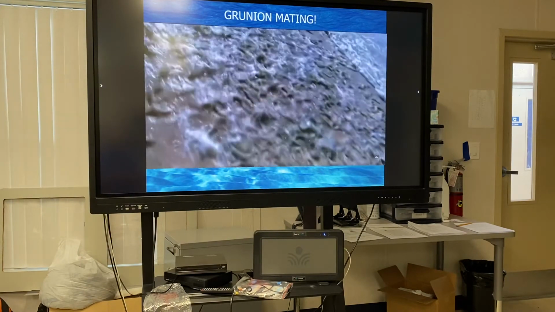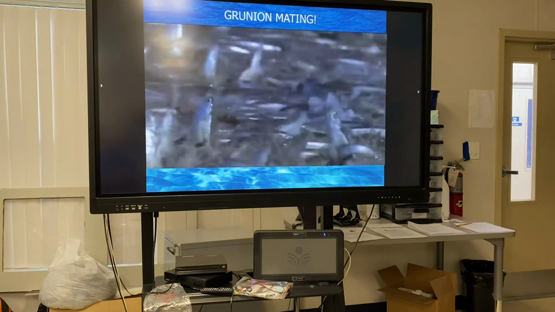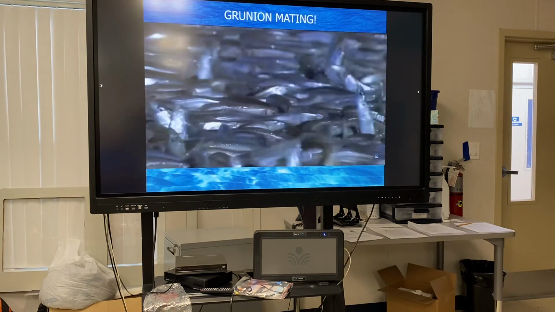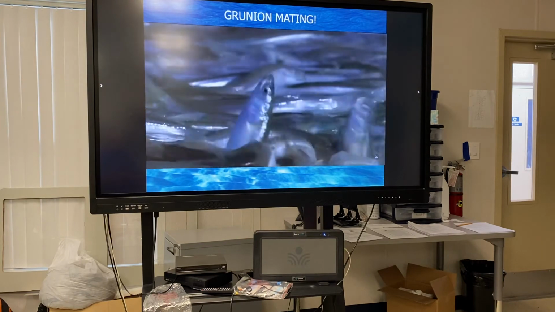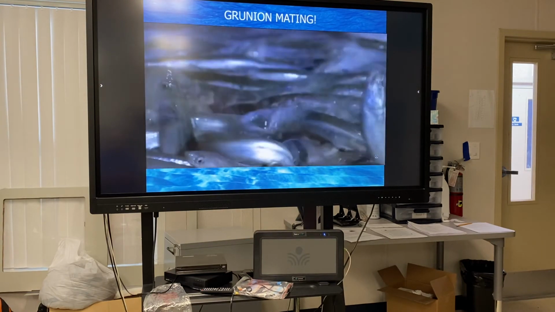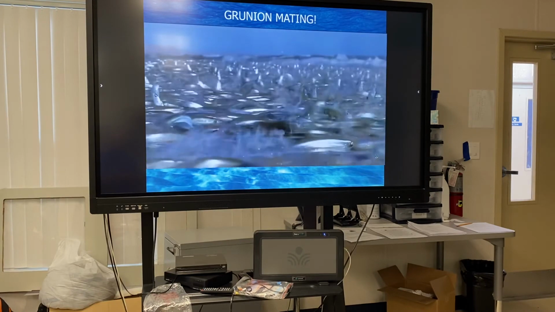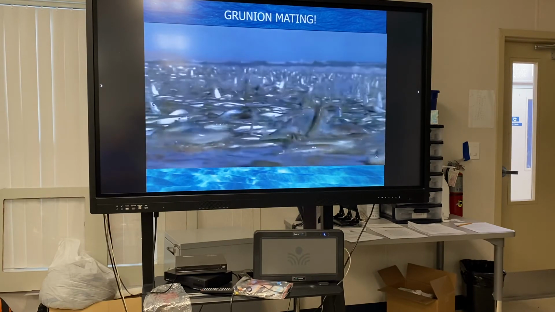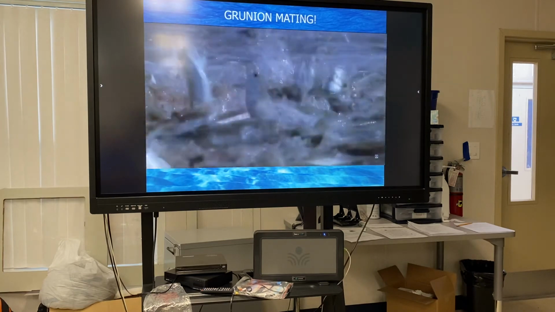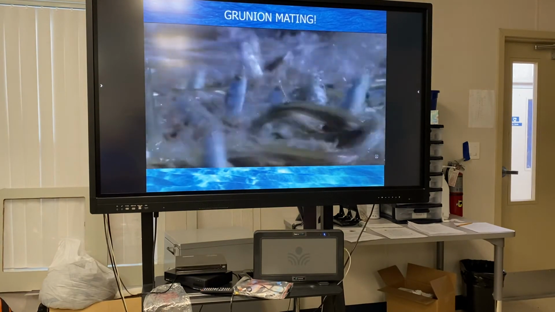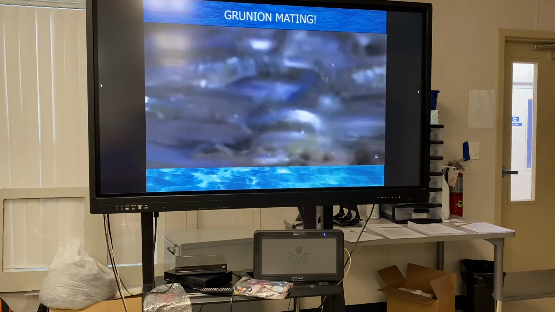Among the writhing masses, the males must find a female and fertilize her eggs before they are buried for good. He wraps his chosen partner in a slippery embrace until the couple are washed back out to sea.